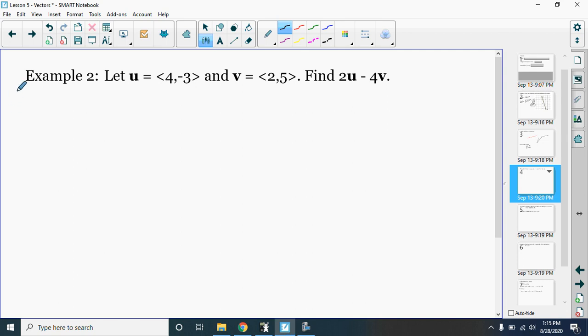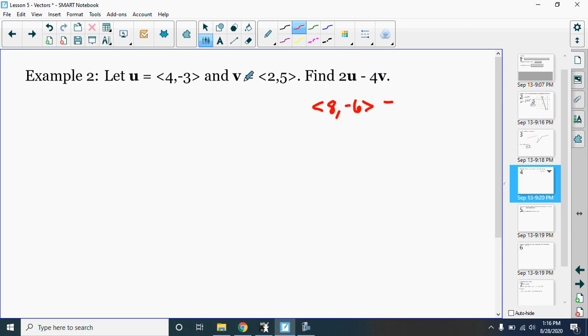So example 2, it defines vector u as <4, -3>. Vector v is <2, 5>. It wants us to take twice u and subtract 4v from that. So twice u would be <8, -6>.